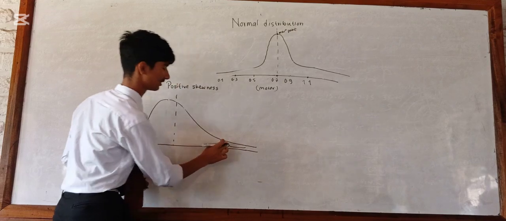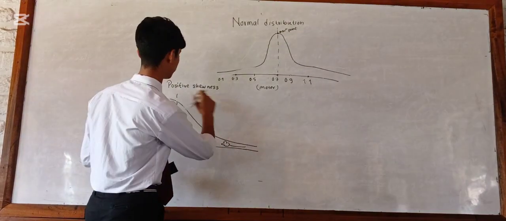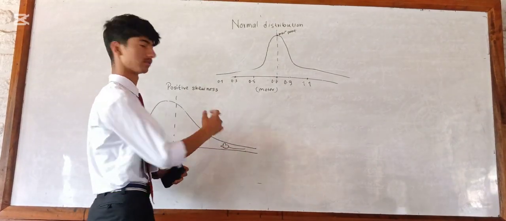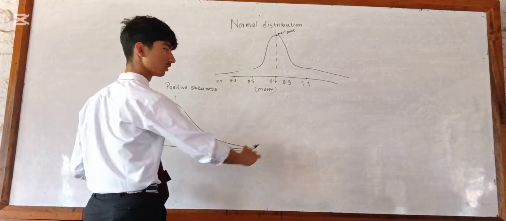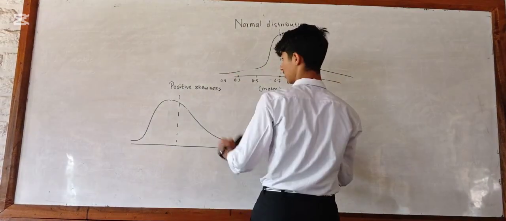You can see here this like a mouse tail. So in positive skewness, on the right-hand side or positive side, the tail is long, so this is called positive skewness. And let's talk about negative skewness.